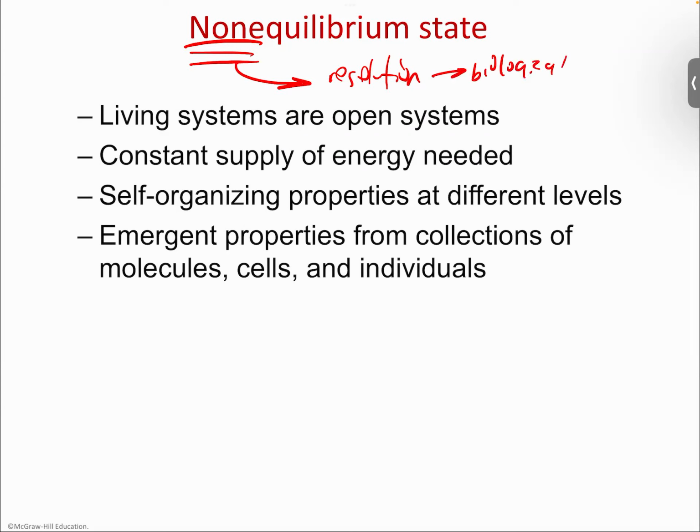This is the reason why you mess with the system, right? You mess with the system to try to achieve some particular effect, to create some sort of a biological effect. So when we see these non-equilibrium states, we oftentimes will perturb them. As a matter of fact, most biological states are not really in equilibrium because we're constantly messing with them. We need that resolution in order to get our biological function.